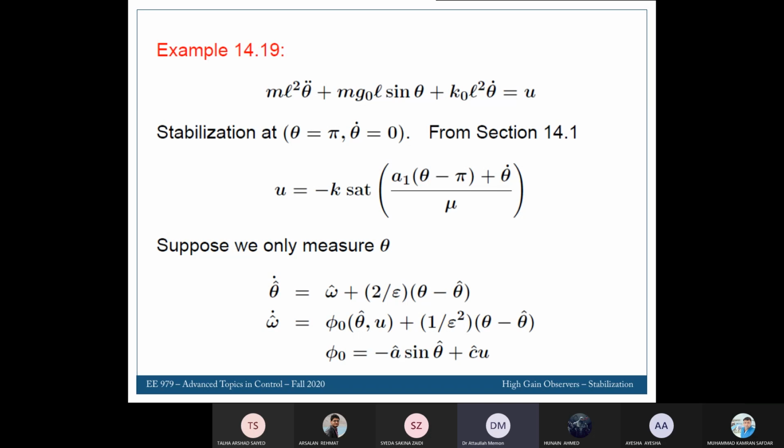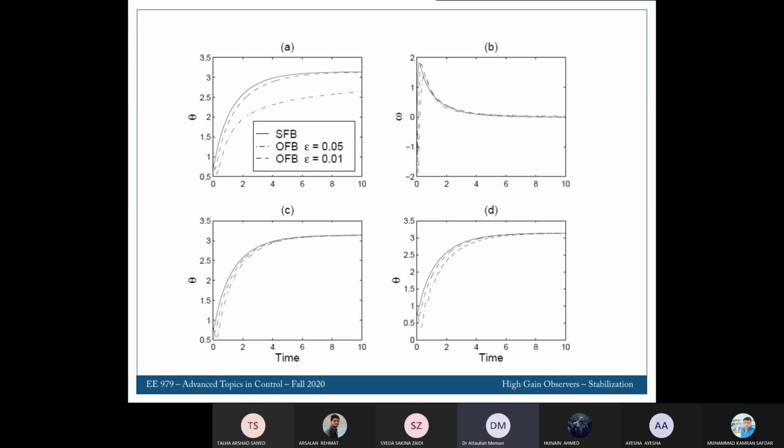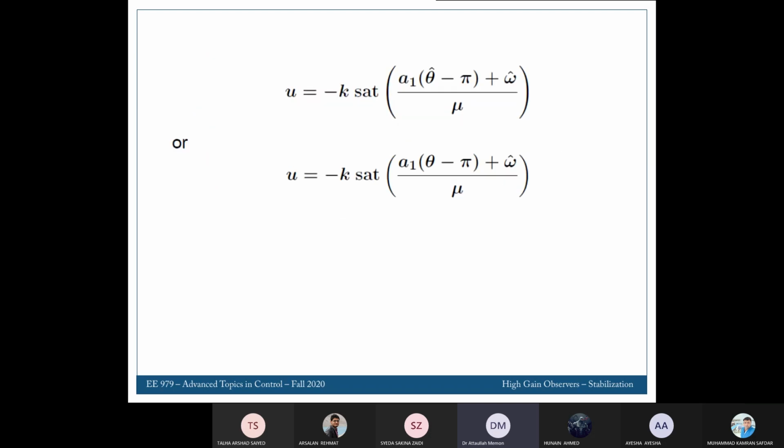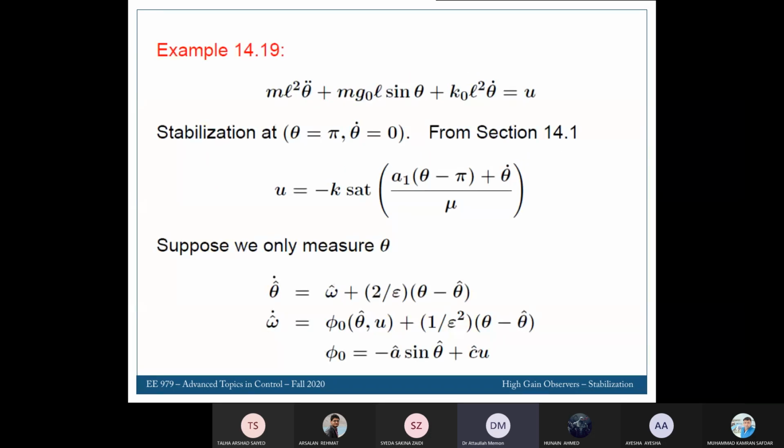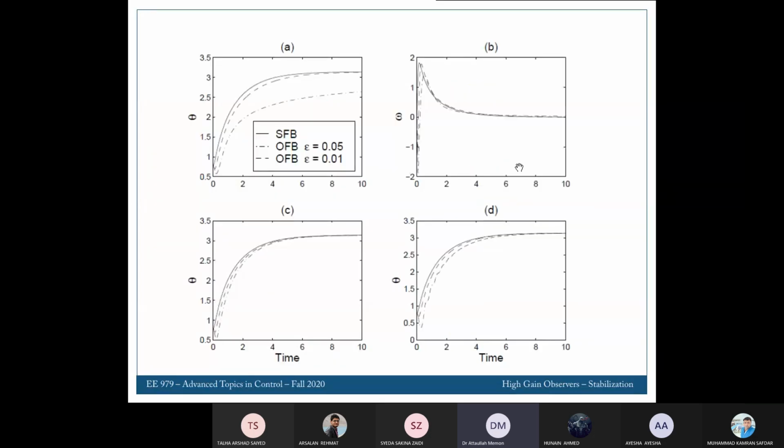So epsilon is going to be your ultimate bound of the convergence or stabilization. These are the results for this particular problem, and I would like you to actually redo this example. This is the second part of your homework problem, which I've assigned you for this week, and I would like you to come up with the same plots as are given in this particular picture.